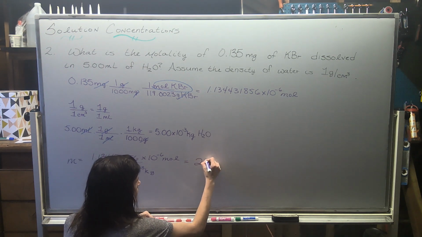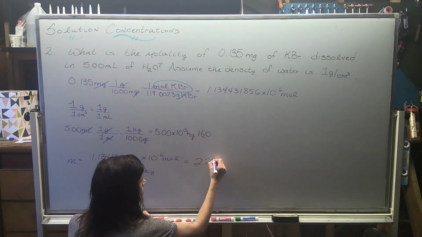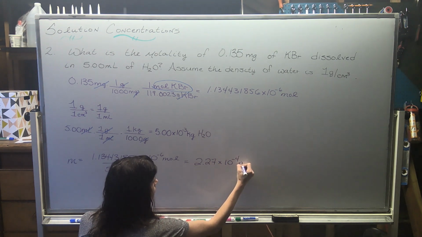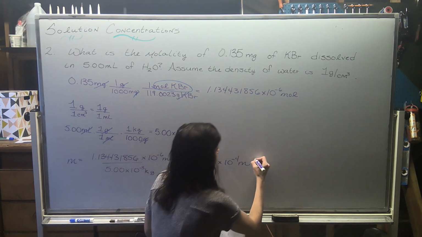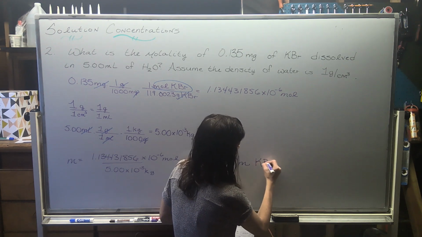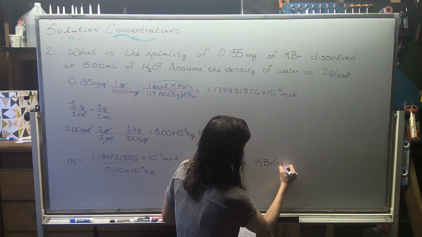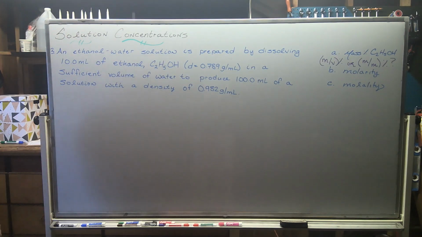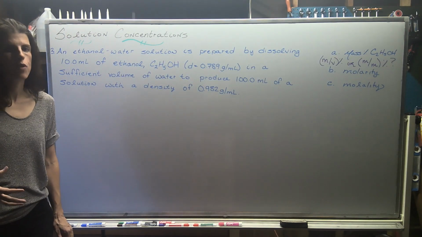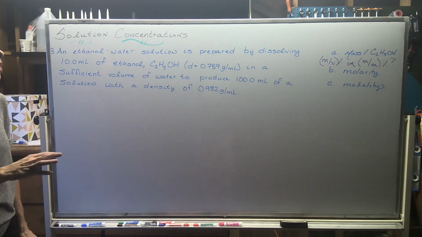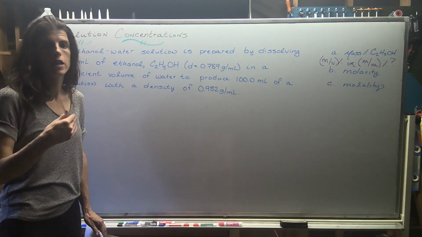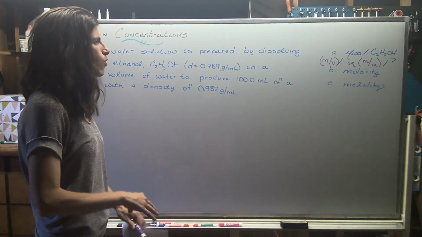So at 2.27 times 10 to the negative fourth molal. And again, if this was a label, I'd be as specific as possible so people know what they're dealing with. So what you're going to notice as we're working through these problems is that every single problem is a little bit different. We're going to have to use a slightly different approach depending on what they give us and what they're asking for.